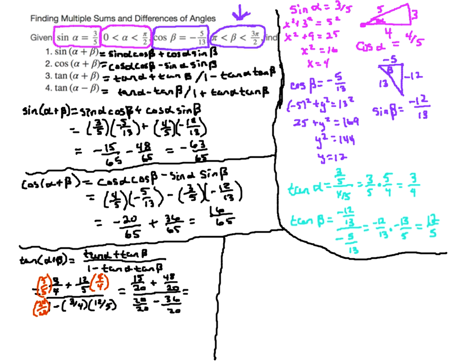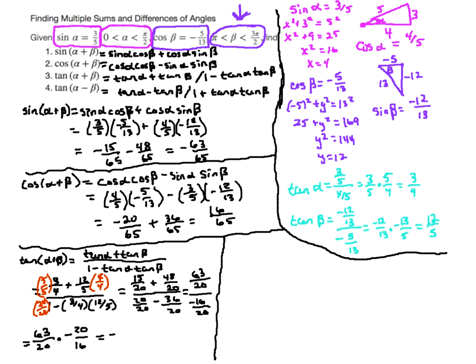Now I'm ready to combine my numerators over my common denominator. 15 plus 48 is 63. So this is 63/20 divided by 20 minus 36 is negative 16/20. And I never divide fractions. I multiply by the reciprocal. So 63/20 times the reciprocal negative 20/16.